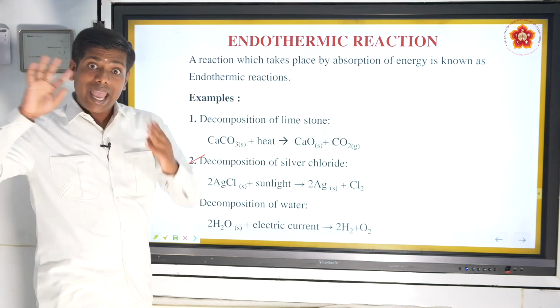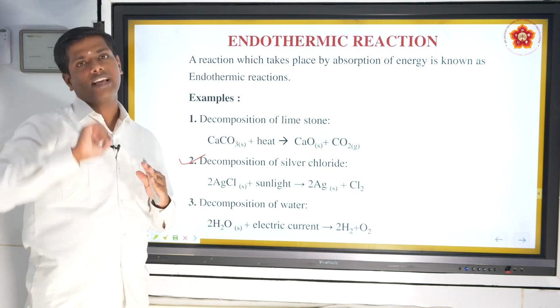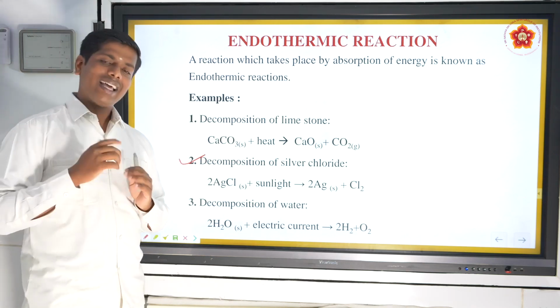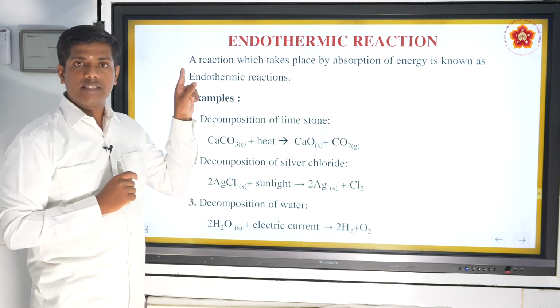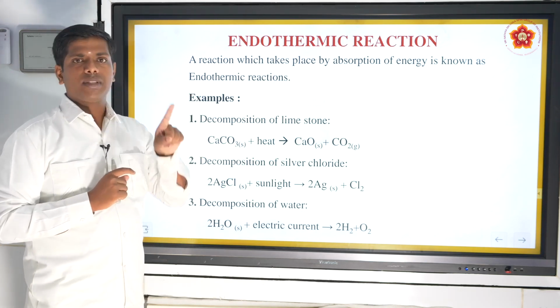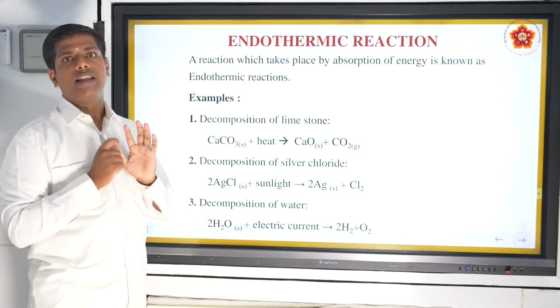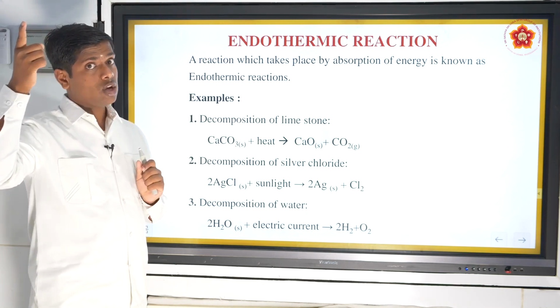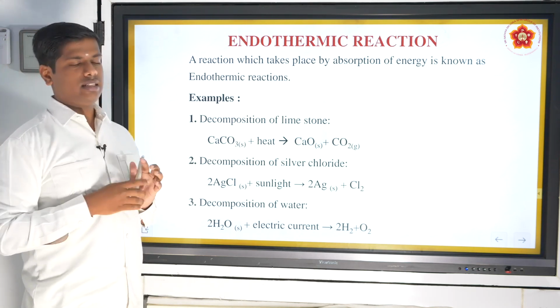In exothermic reactions, energy is released and the reaction takes place. There is a difference between endothermic and exothermic reactions. Understood? Endothermic, you have to remember this word: absorption of energy. In exothermic, release of energy.